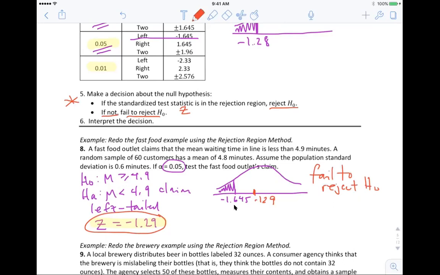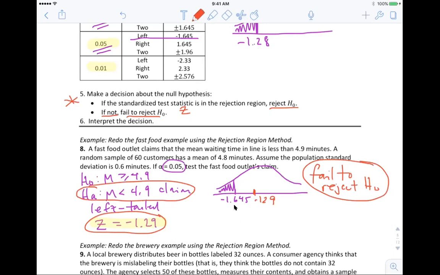Okay. And then my final conclusion is the same that I got when I did this problem with the p-value method. How I come up with that conclusion again is HA is the claim, and I just failed to reject H sub 0. Those two things together will lead me to that conclusion.